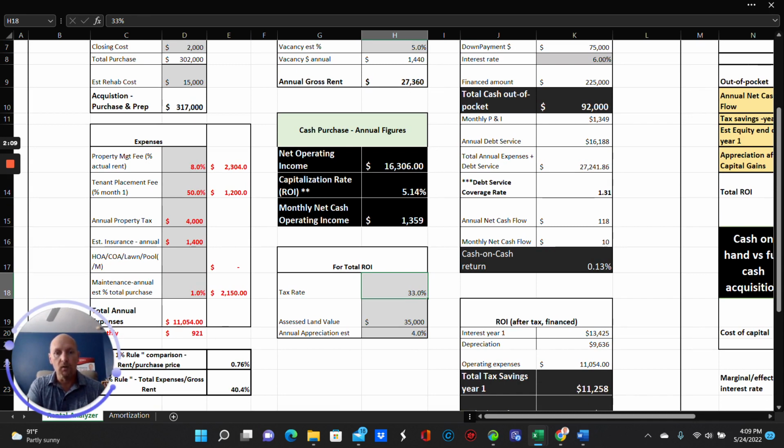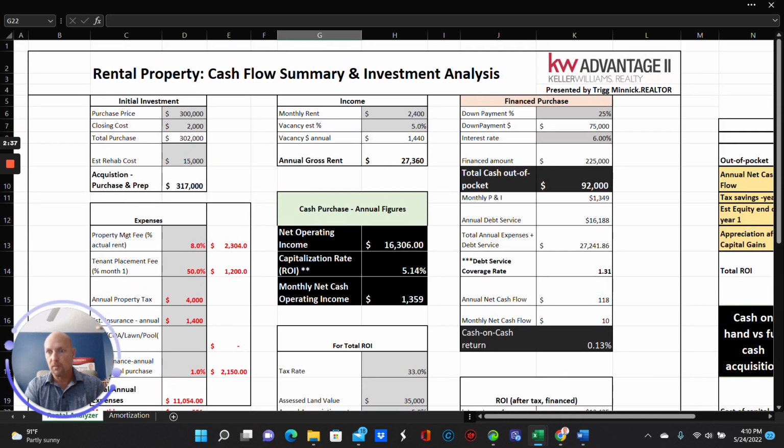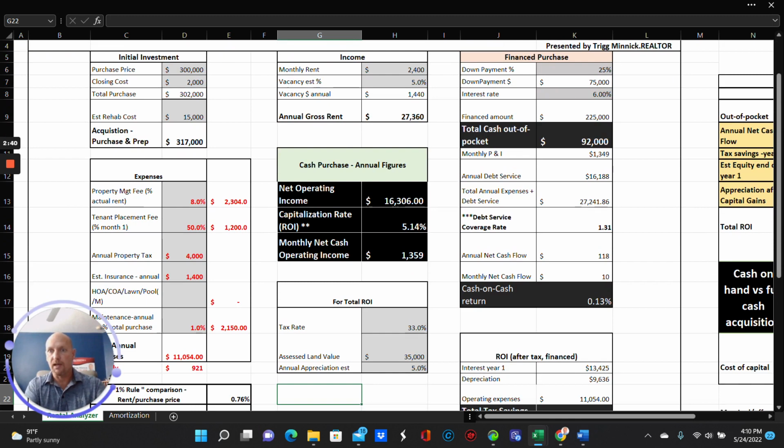We also want to separate out the value of the improvements versus the land value, because there's differences in how we can depreciate those, i.e., we can't depreciate land. And then we get to input an annual appreciation amount, because that will affect our wealth over time. So we'll just key in something there for now, 5%. This market's low, but overall long term it's probably a little high.